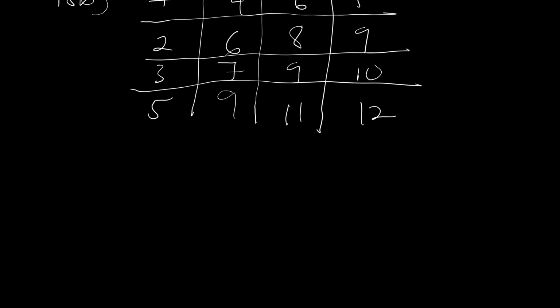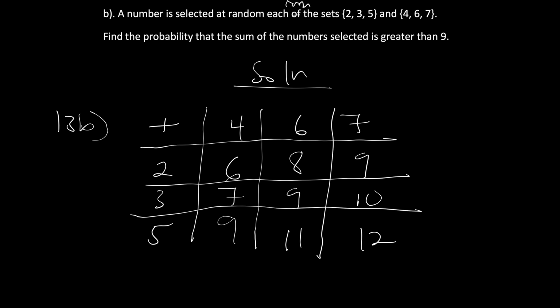Now let's look at the numbers that are greater than 9, because we are finding the probability that the sum of the numbers selected is greater than 9. So we have this, so it's 1, this is 2 and this is 3.